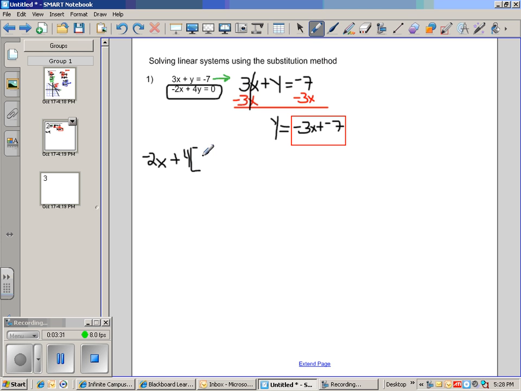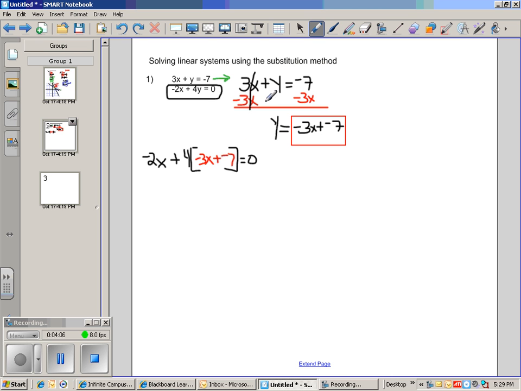However, instead of y, we're going to replace y with -3x plus -7. And that still is equal to 0. So notice we didn't change anything about that second equation except for we did the substitution of y.